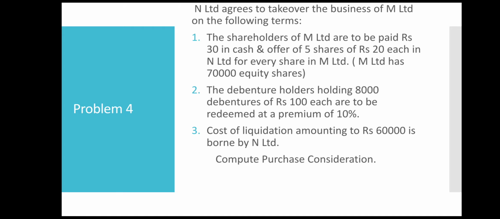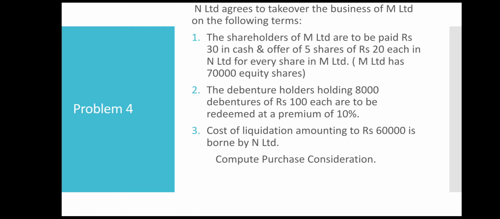Second one is an offer of 5 shares of rupees 20 each in N Limited for every share in M Limited. Okay, so for every share in M Limited, they will get 5 shares in N Limited, and the total shares are 70,000.